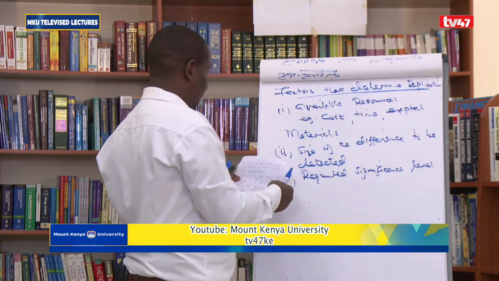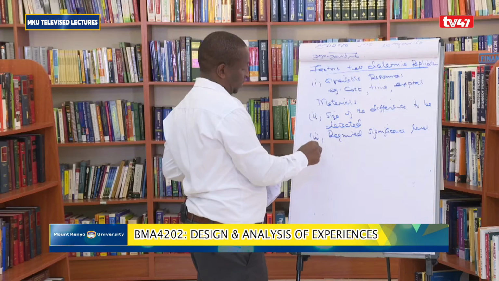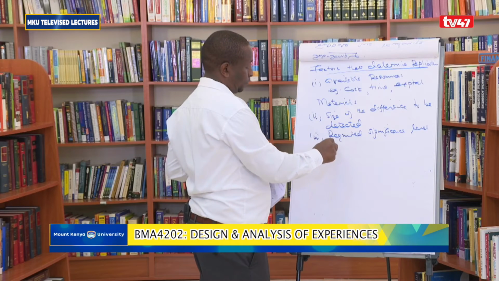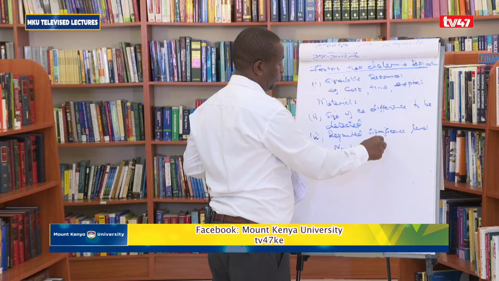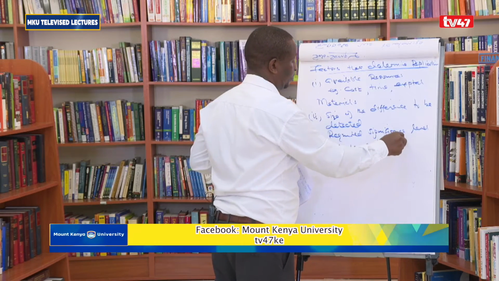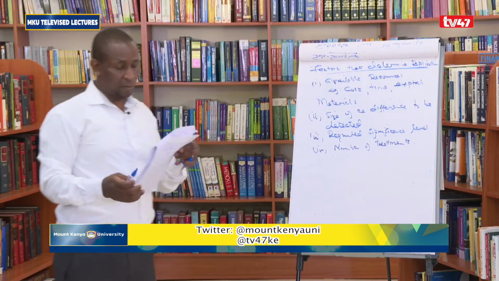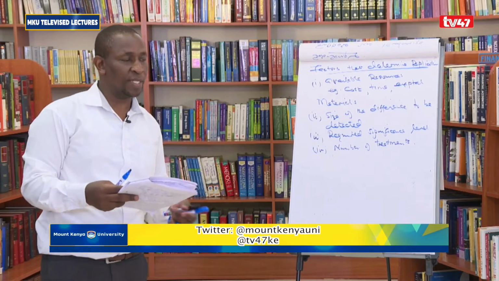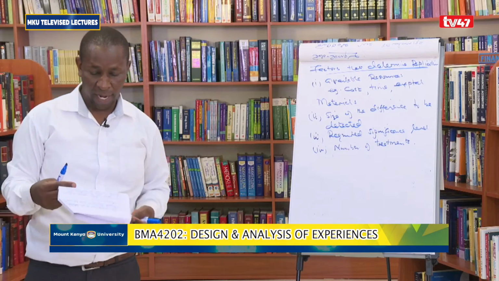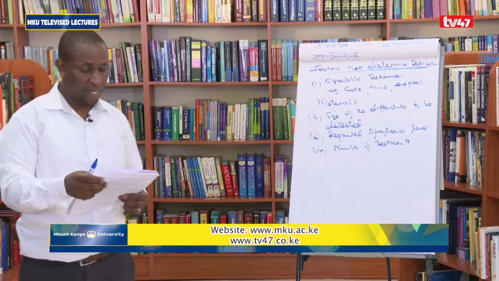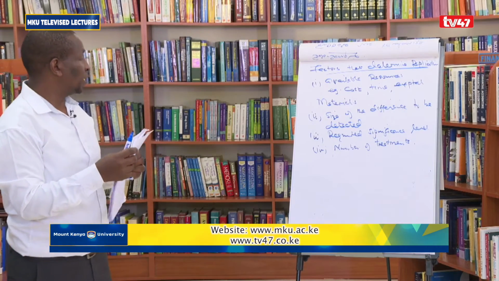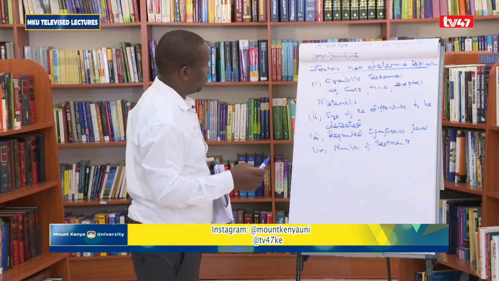And finally, the number of treatments. If the treatments are so many, then the experiment may get out of hand because we shall be conducting so many tests, and therefore this could be a limiting factor of replication.